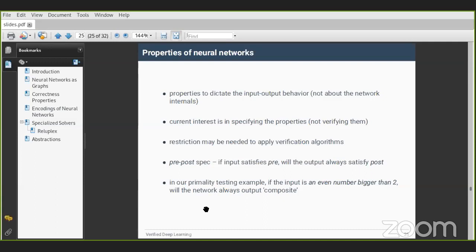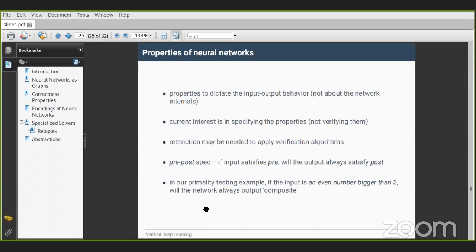In today's lecture, right now we are interested in specifying the properties. We are not interested in verifying them, so we'll look at only specifying the properties formally. When we are verifying, depending on the verification algorithm that you're using, you may have to restrict your properties. You may not be able to verify all kinds of properties.